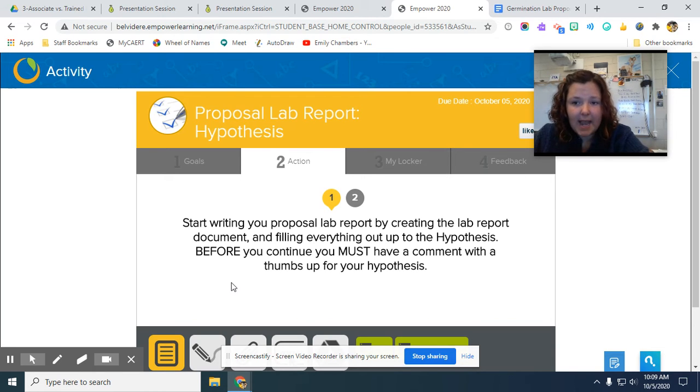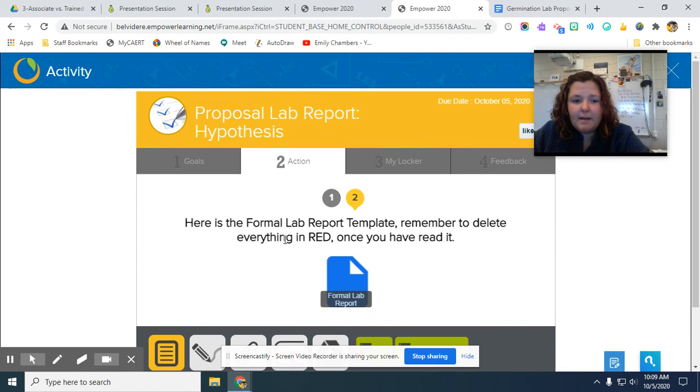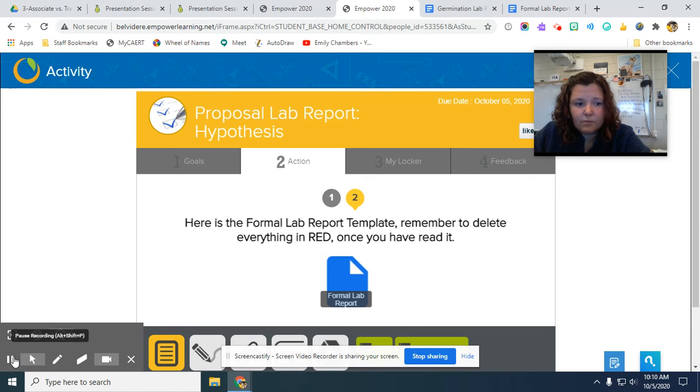So before you go on to the next assignment, you have to have a thumbs up for your hypothesis. I'll comment with just a thumbs up saying, yep, your hypothesis is good. Here's the formal lab report template. Remember to delete everything in red. I did update this form, so I'm going to pause again and pull that up and show that to you now.